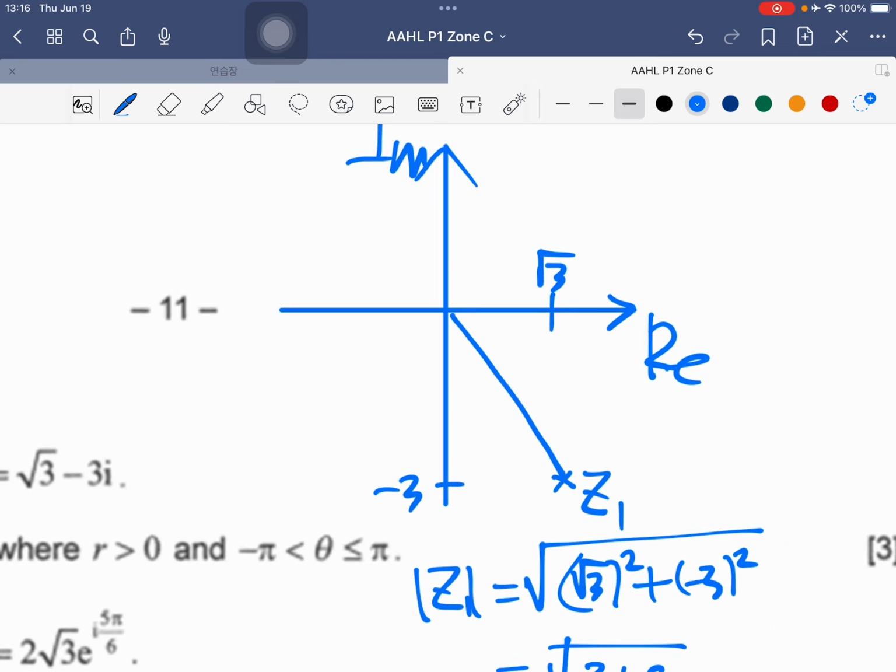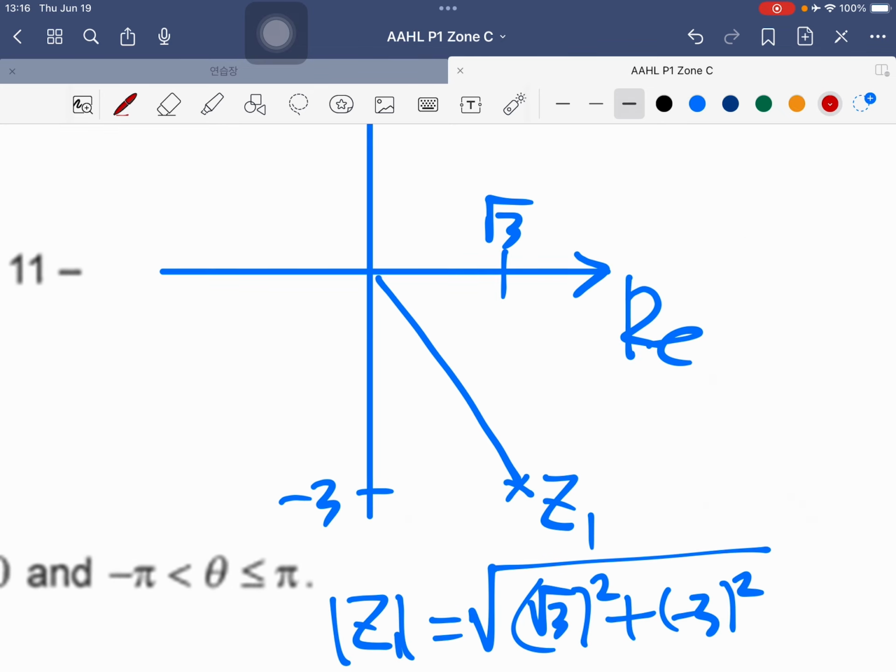And then argument of z1, we can see this is root 3 and this distance over here we can say this is minus 3.